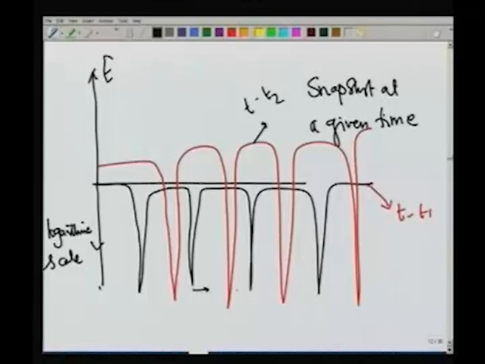Now the natural question to ask is, what is the length scale here and what is the time scale? This is t equal to t1, what is t equal to t2, what is delta t equal to t1 minus t2? What decides the scales? The answer to that is very clear.